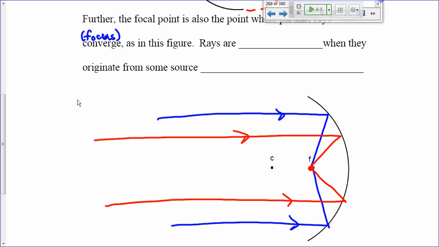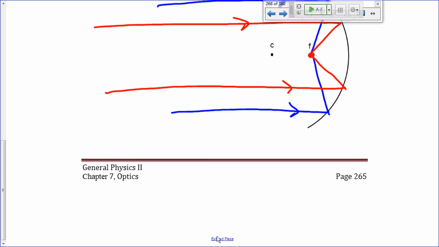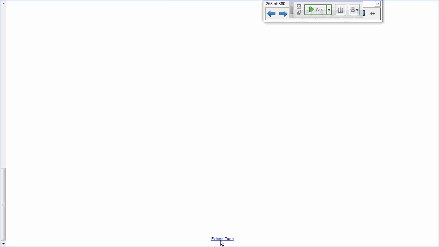And then finally, rays are parallel when they originate from some source very far away. You can imagine this, like say you have a light bulb. It's putting out light rays in all directions.